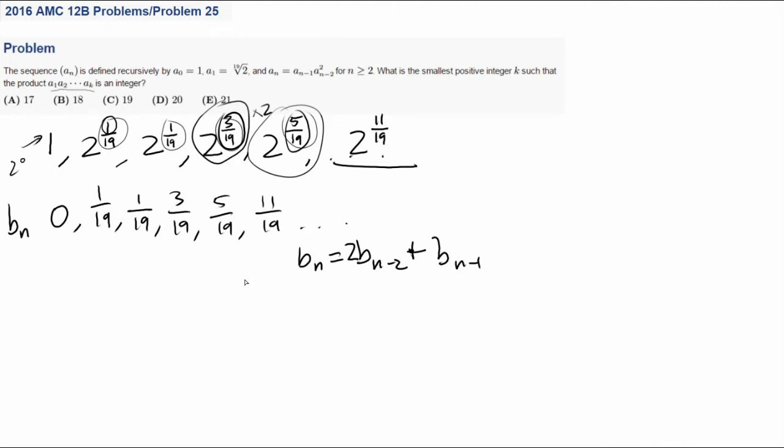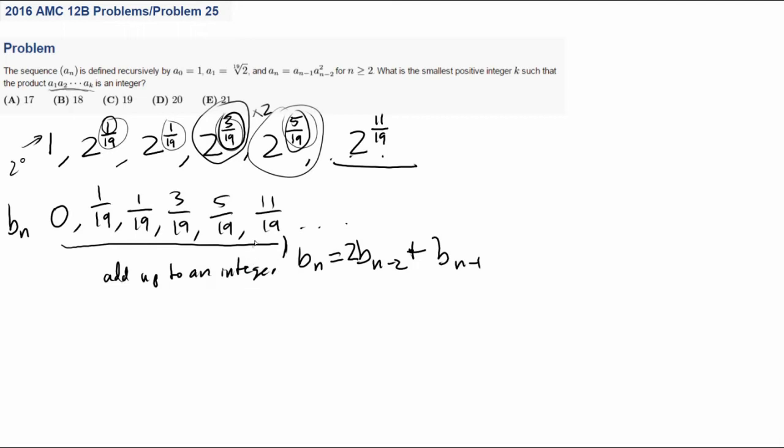Now I'm not trying to do this formally, I'm trying to do it the way I tried to solve it, because on the AMC you don't really need to write things out formally, you can just sort of bash it out. So we have this sequence, and in order for the product of the terms to be an integer, the exponents up to the end of the sequence have to add up to an integer.